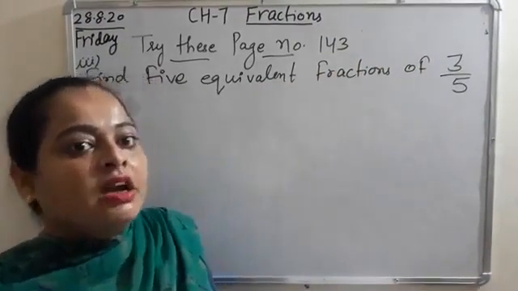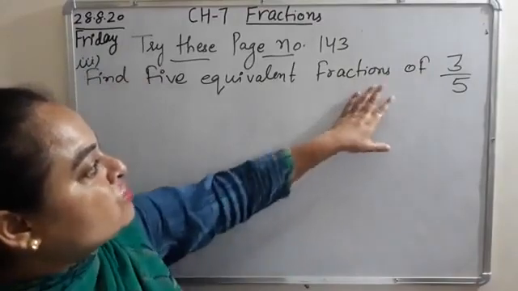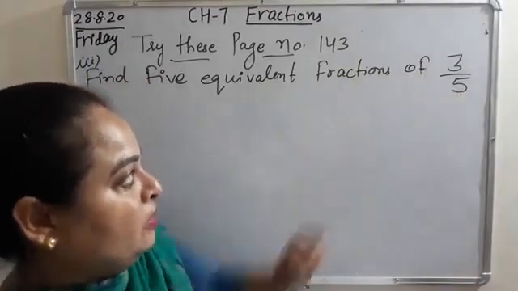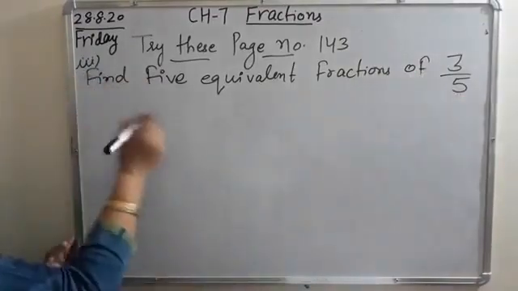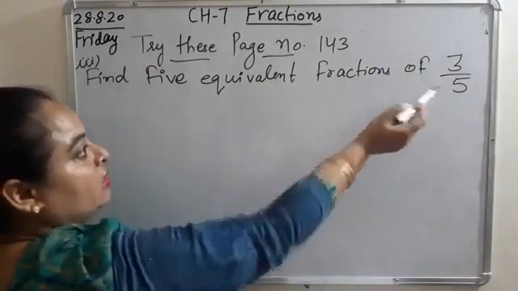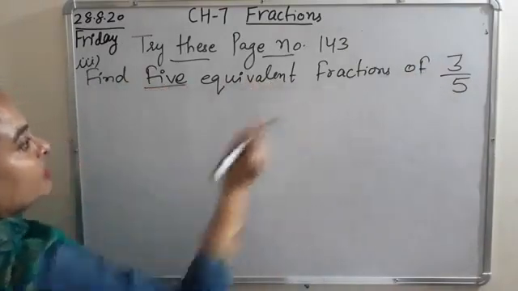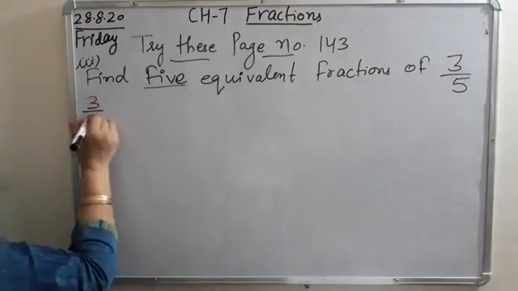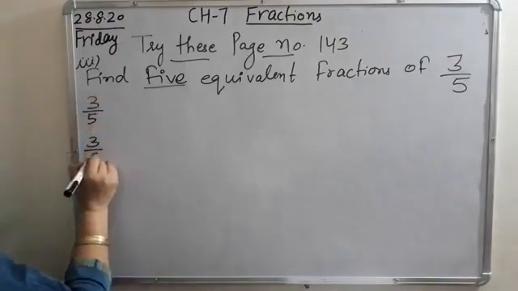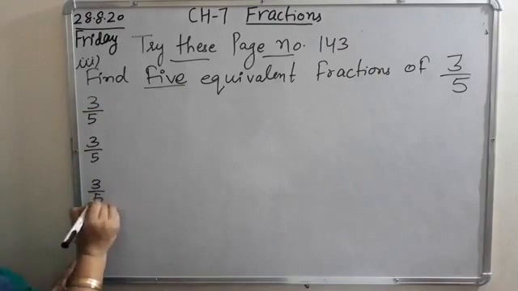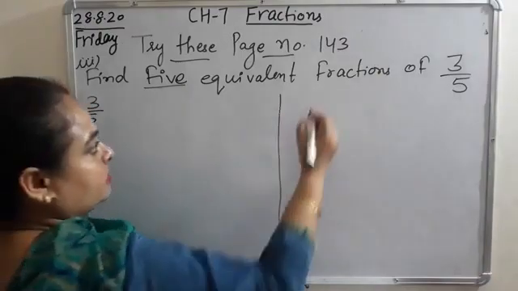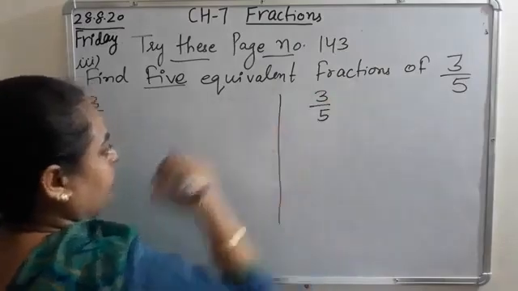Now the third part, find 5 equivalent fractions of 3 by 5. First of all, write this 3 by 5 5 times because the question is based on 5 equivalent fractions: 1, 2, 3, 4 and 5.